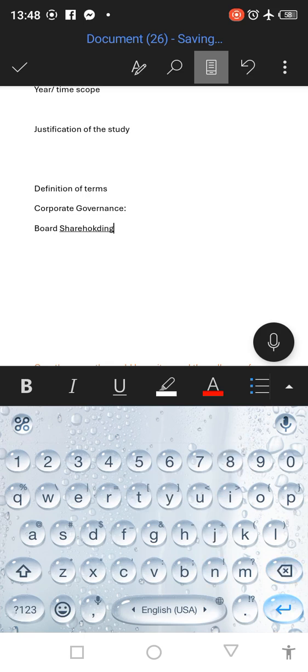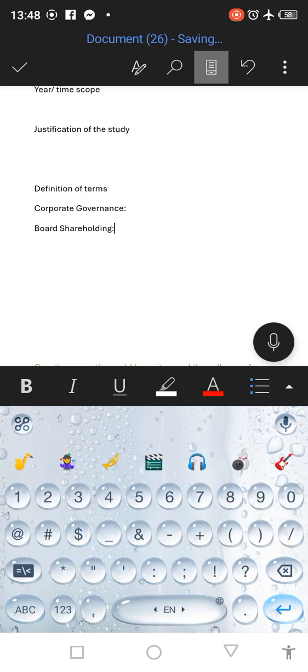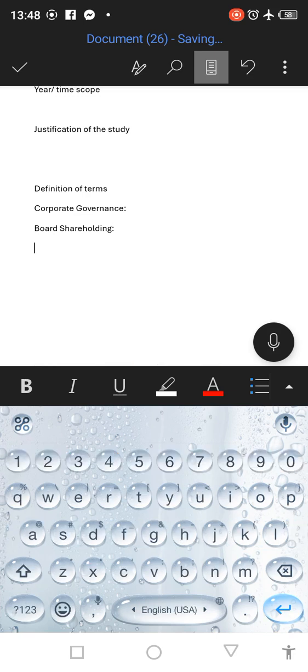So we are going to define them in relation to the way it was used in your work. All those variables that make up your independent variable, they are terms that you are going to talk about, so you are going to define them. Then your financial reporting quality too, that's another term: financial reporting quality.